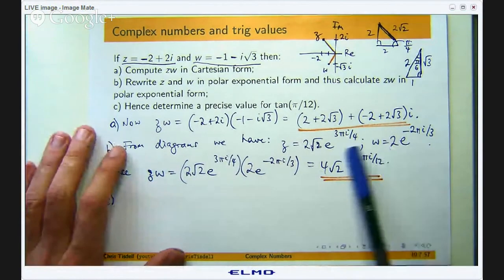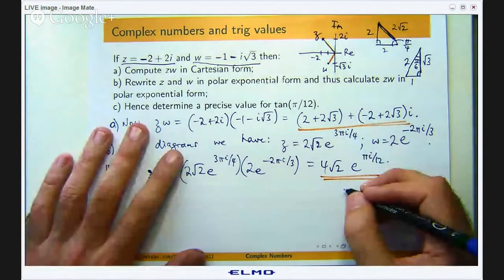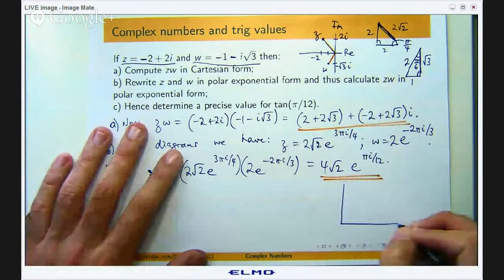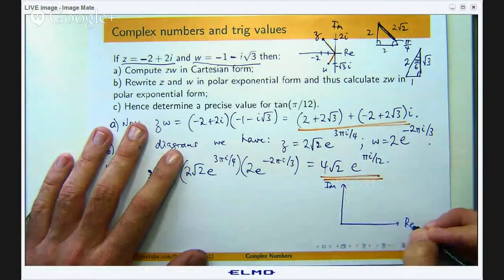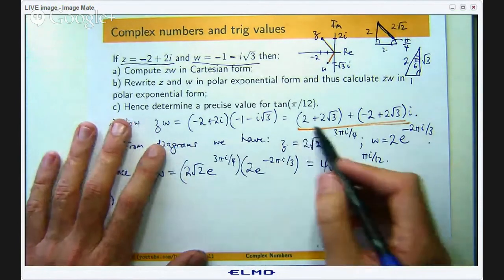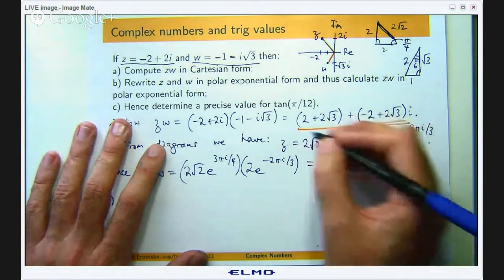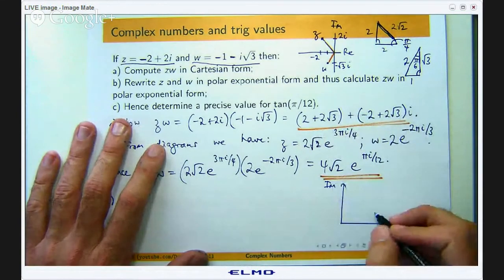If I say plot this or this in the complex plane, then they're the same complex number, and I know that, well, to plot the product, I'll go this far out in this direction and this far out in this direction. So it'll be about here, I reckon.